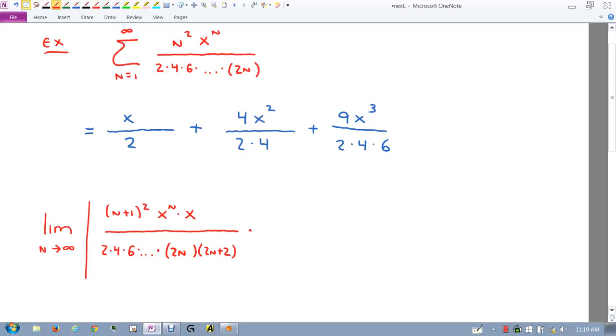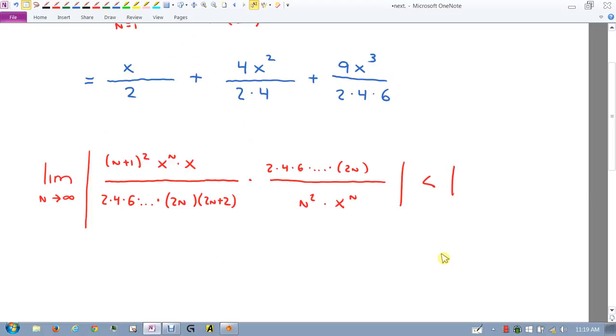Now rewrite the original flipped over. 2 times 4 times 6 times ... all the way out to 2n over n squared times x to the n. I want all of this to be less than 1. Questions, comments?